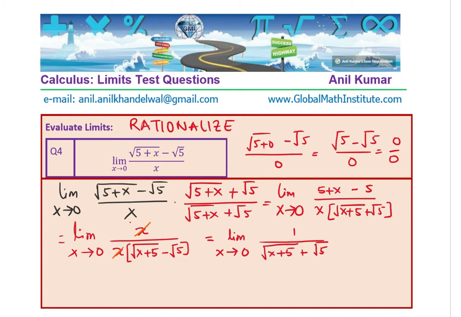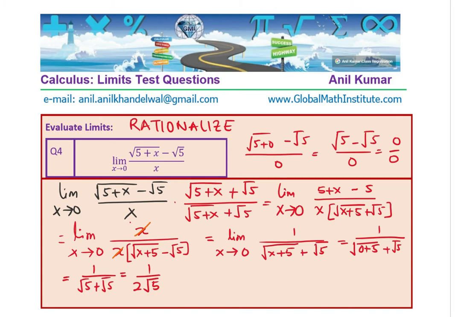Now we can substitute 0 for x and get the result. So we get 1 over square root of 0 plus 5 plus square root of 5. Now that gives you 1 over square root 5 plus square root 5, which indeed is 1 over 2 square root 5, correct?